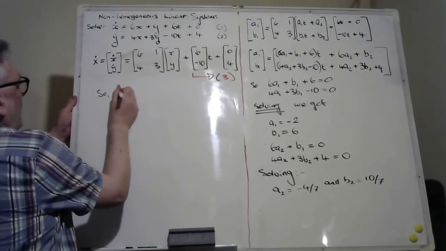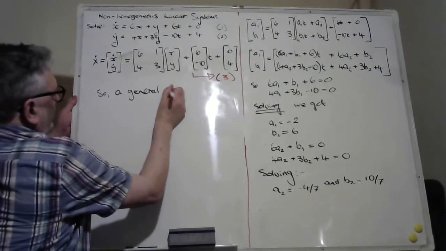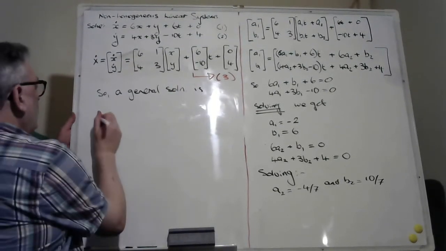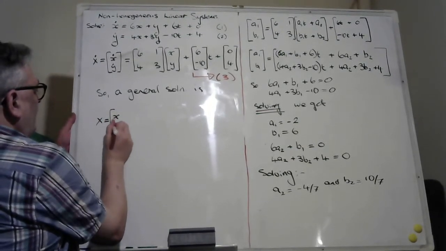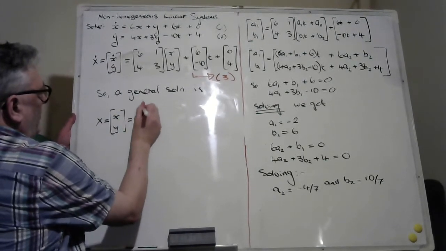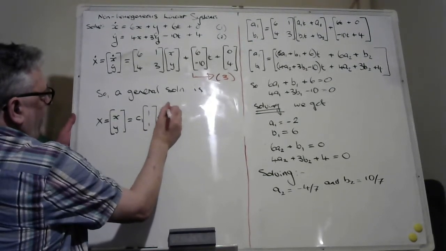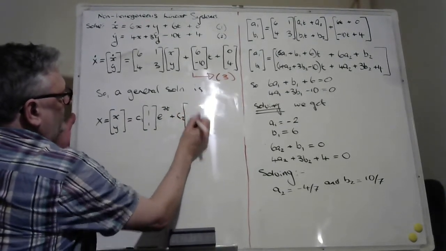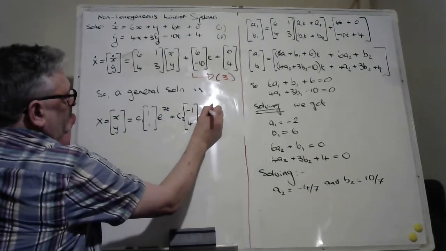So, a general solution is x equals, we'll put our vector in of xy, and that's equal to C1 times the vector 1, 1, e to the 7t, plus C2 times the vector minus 1 and 4, e to the 2t.